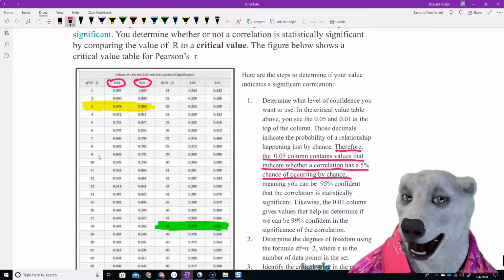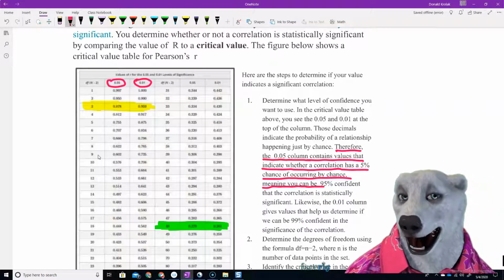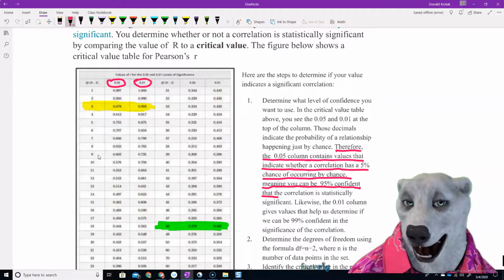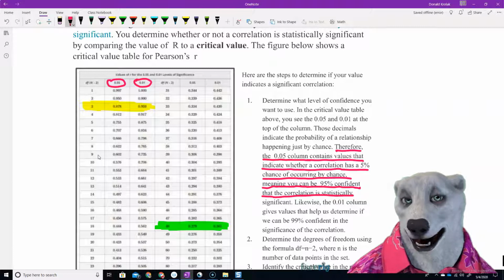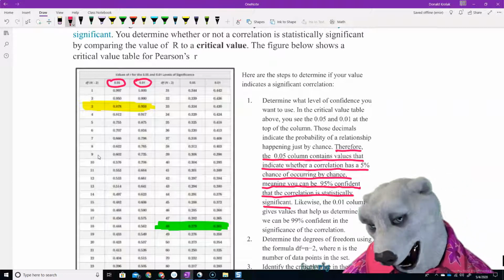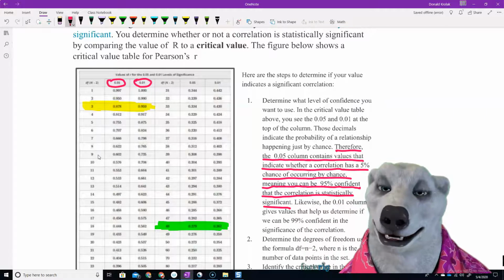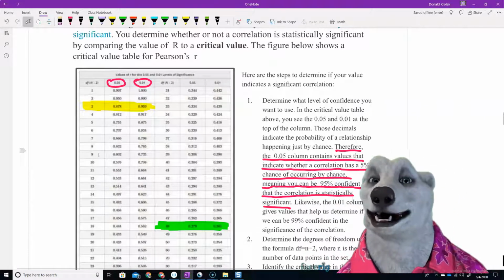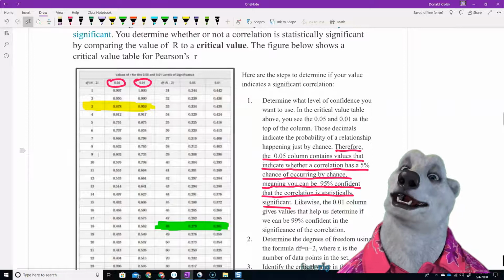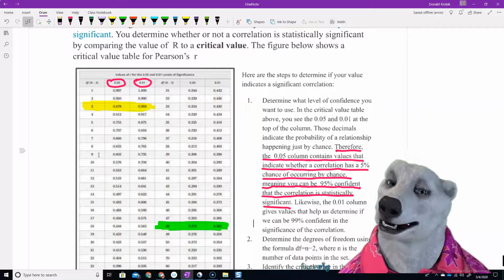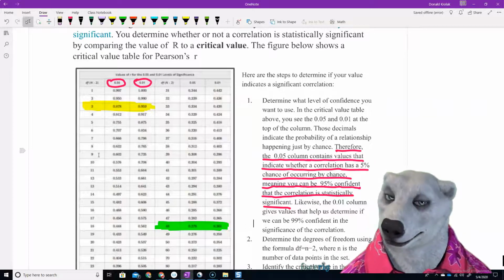So in other words, there's a 95% confidence that the correlation is statistically significant. That means it occurred not because of chance. So you're 95% sure that what you're looking at in your best fit line did not occur by chance.